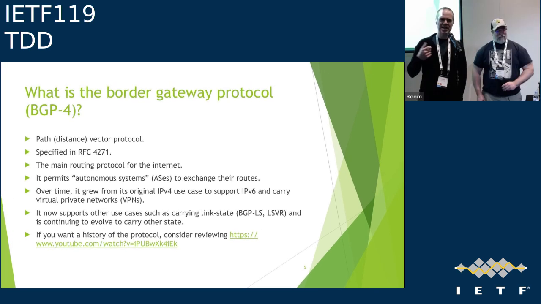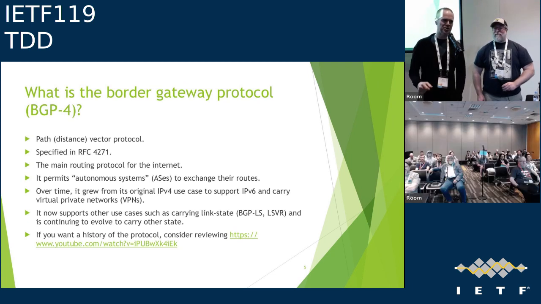So I'm going to assume that everyone knows enough about what it means to be a distance vector protocol or a Bellman-Ford protocol, and that's all we're going to say about it here. It's in RFC 4271, and then a cast of thousands of other, or at least dozens of other RFCs, and it's the internet routing protocol.